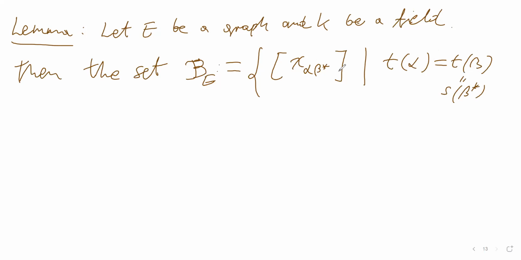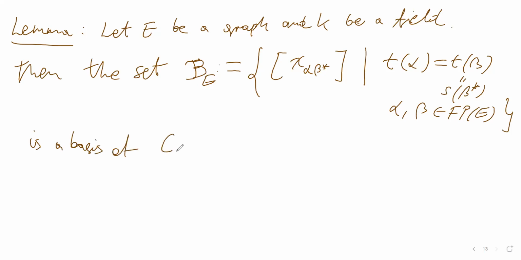So chi alpha beta star is non-zero. And this is over all alpha, beta in FP(E). So take all finite paths in the graph. So take this set, okay, and I claim that this set is a basis of CK(E). Okay, so this is the absolute Cohn algebra, but in total generality, E is any graph.